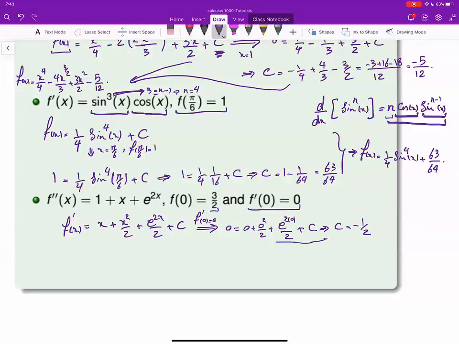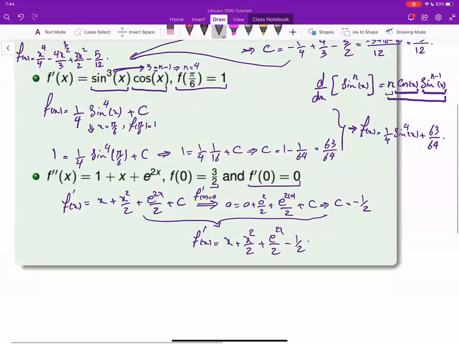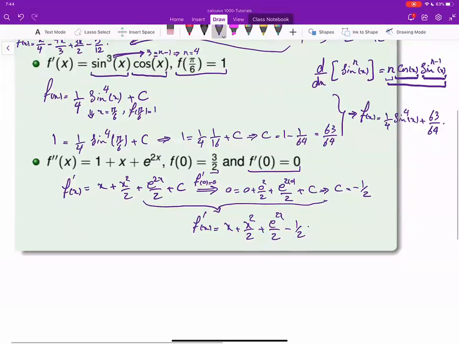So by doing these computations, what we found is that f prime of x is equal to x plus x squared over 2 plus e to the power 2x over 2 minus half. We haven't found f yet. We have to find f by anti-differentiating f prime.